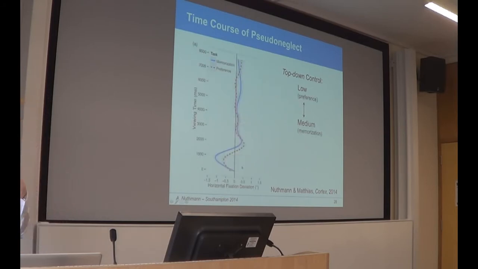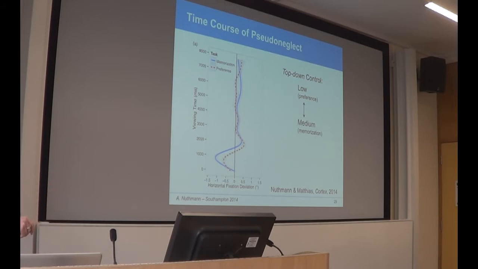All tasks showed an initial leftward bias. Here we see the results for the memorization task in blue and the preference task in red. In both tasks, the scene was shown for 8 seconds, and what you see here is a model fit. We fit a generalized additive model to the individual fixation deviations, which you can think of as a fancy regression method.